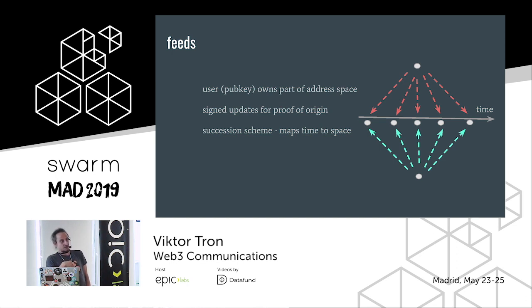So, for example, you can create an address from a topic and your public key hash together, and you have the right to occupy that part of the chunk space, given that you sign off on the content.